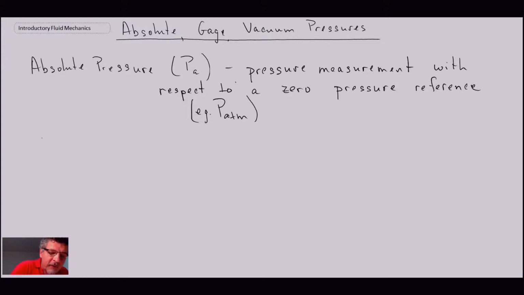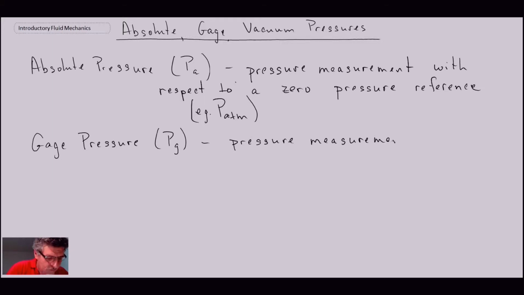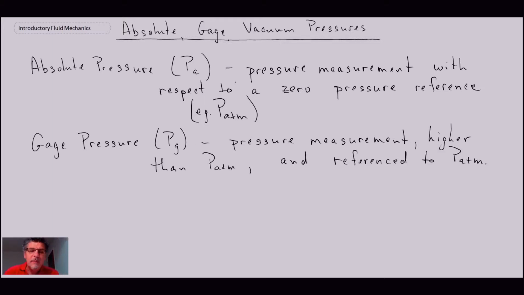The next form that we're going to look at is a gauge pressure. Gauge pressure is in reference to the atmospheric pressure, and it is often given the symbol P little g. So P g is always higher than atmospheric pressure, and it's referenced to atmospheric pressure.